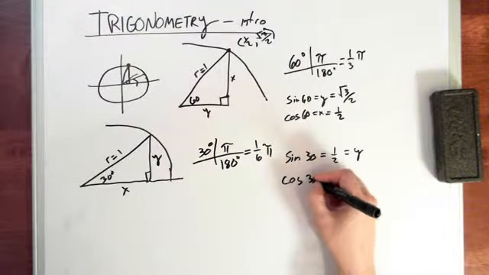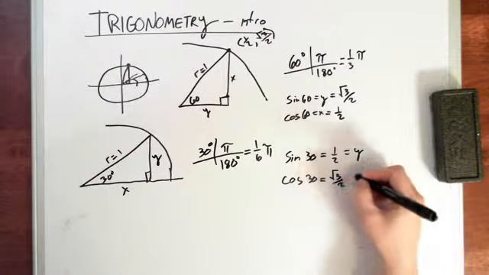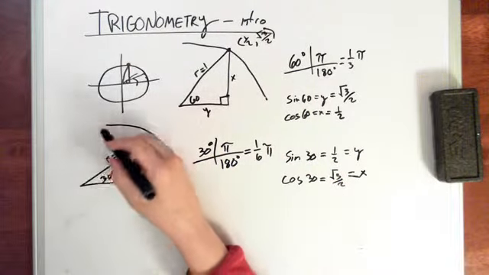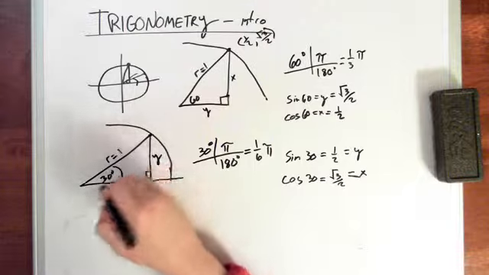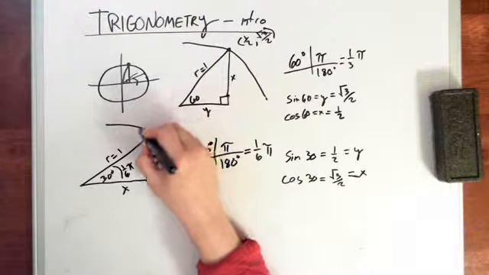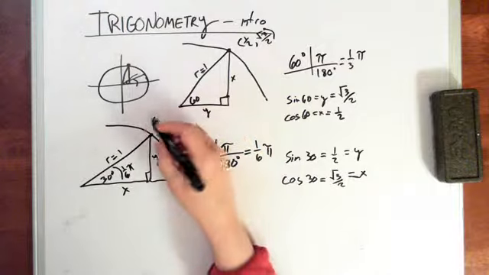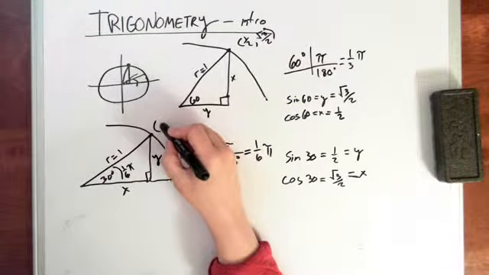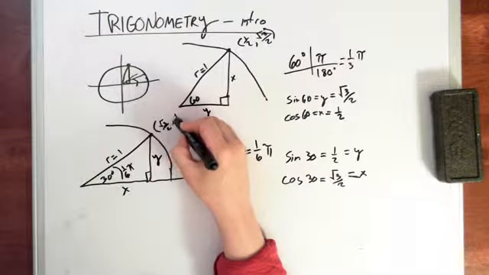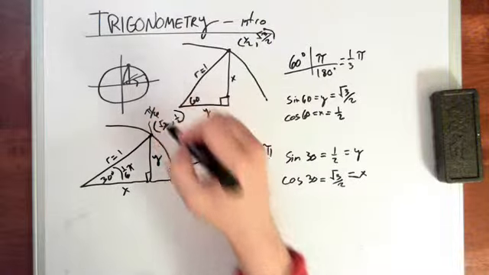The cosine of 30 degrees is equal to the square root of 3 over 2, which is equal to our x. So we know that this angle is 30 degrees, but it is also equal to 1/6 pi, and this point on the unit circle is the square root of 3 over 2 and 1/2. And again, that is pi over 6.